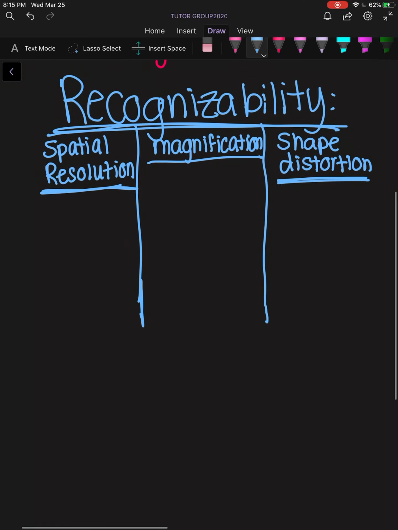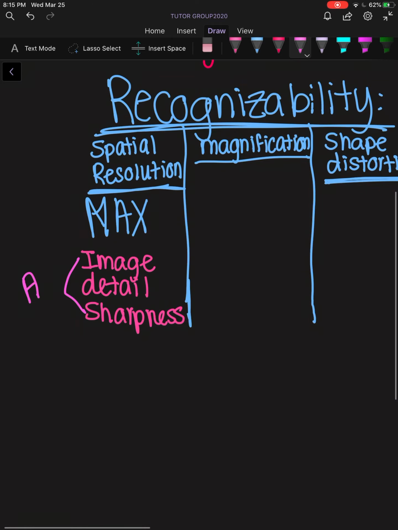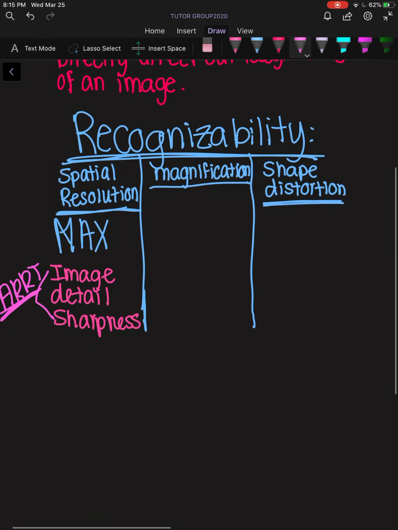Now, spatial resolution, we're going to want the maximum amount of that, because spatial resolution is also known as our image detail sharpness, which was named by the ARRT. They are the ones that named that, I guess, basically.